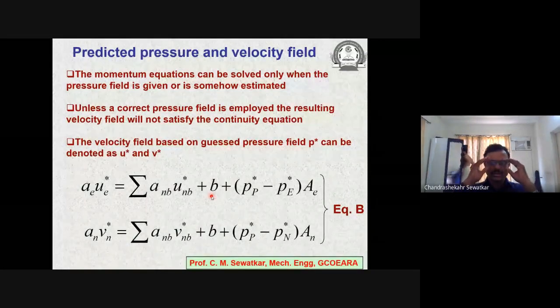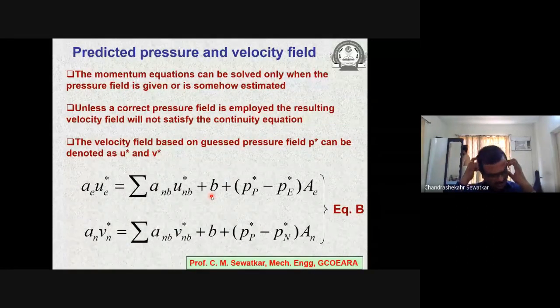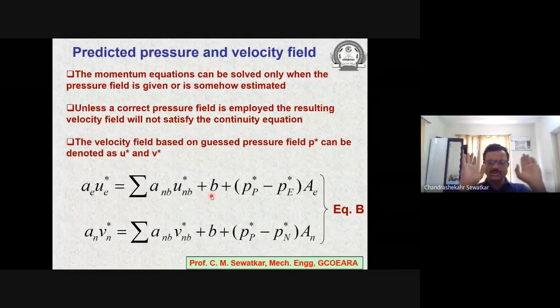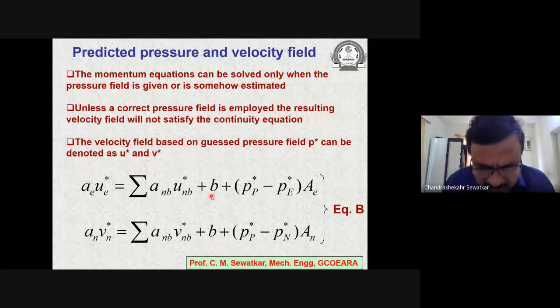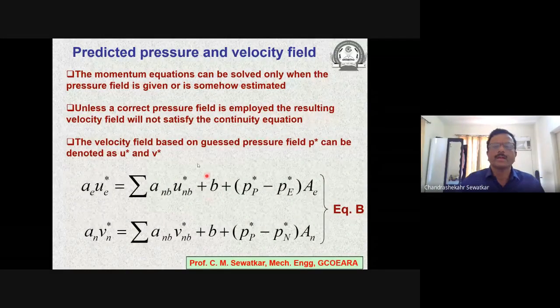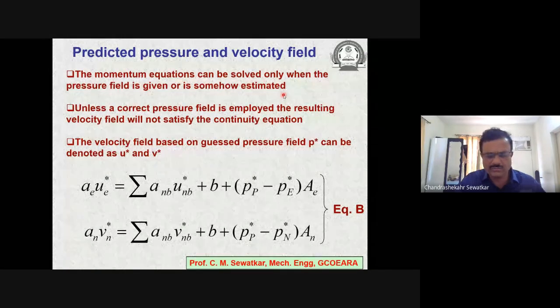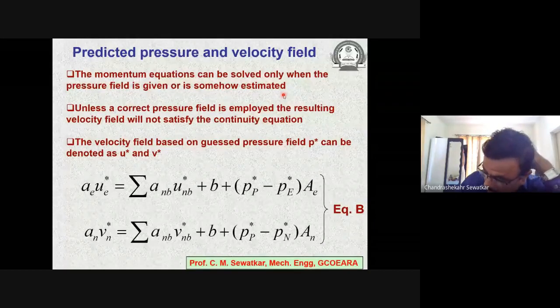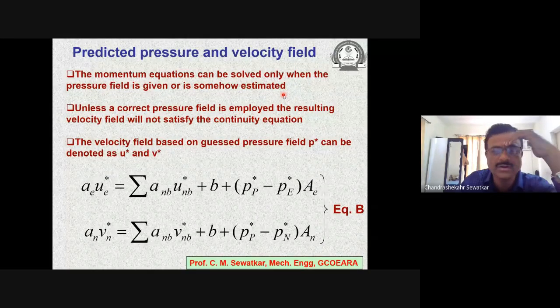Now, let's come to the solution methodology. What we have done so far is simply write the equation in a different form. That's it. The momentum equation can be solved only when the pressure field is given or is somehow estimated. What is the meaning of this statement? We must either know the pressure field and then determine the velocity field, or we must guess or estimate the pressure field.